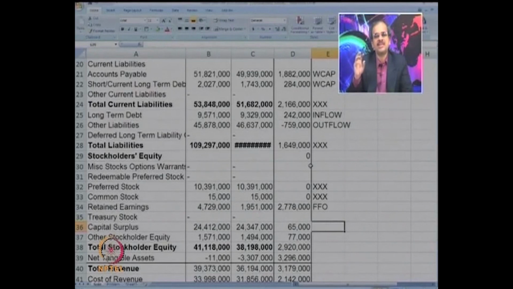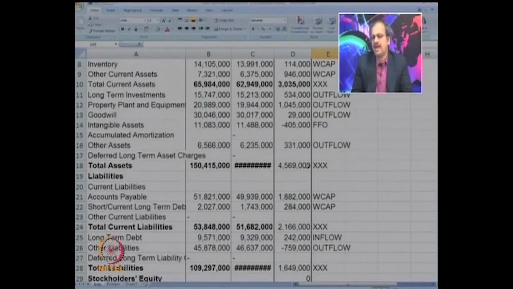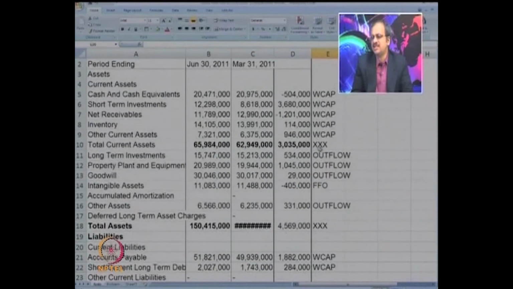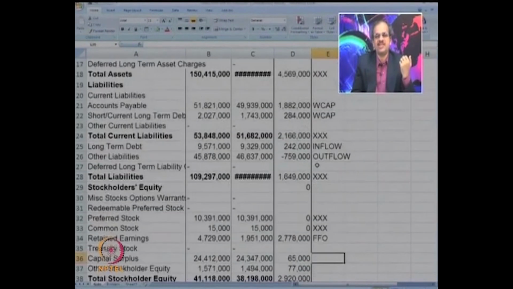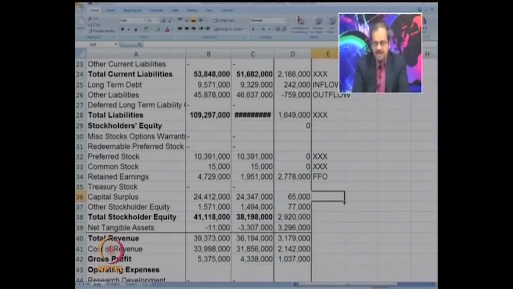So capital surplus is probably the reason it has happened because of sale of assets. You have to also look at asset side, whether there was any sale. We don't see any major sale of asset. In fact, the properties have increased. So there is a purchase of asset. So we assume that it is because of transfer of money from revenue or day-to-day surpluses to capital surpluses. So we will mark it as FFO. Of course, this is because of our assumption.